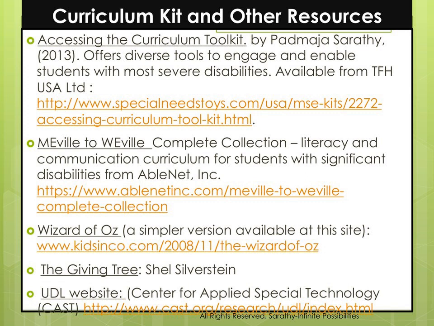And the other couple of things that I want to mention here. As I mentioned before, the Wizard of Oz, a simpler version, is available on the Kids Inco website. And the Giving Tree, by the way, there is a YouTube video that's available. And the UDL website, the Universal Design for Learning website, that link is also provided there.